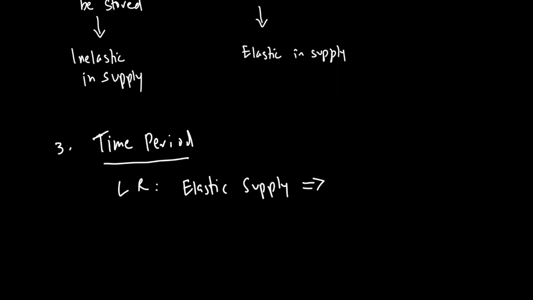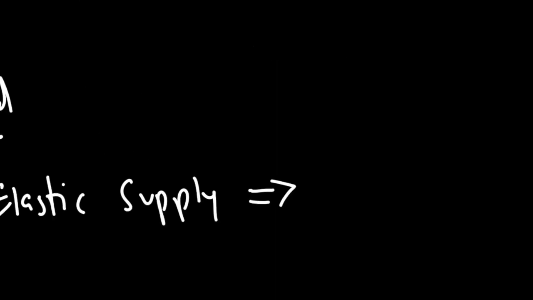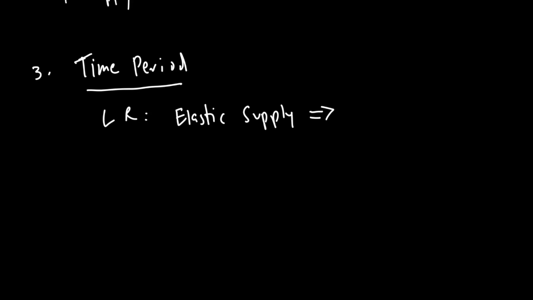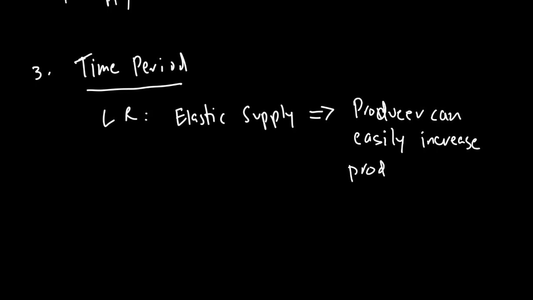So in the long run, supply tends to be more elastic because the producer can easily increase production capacity.